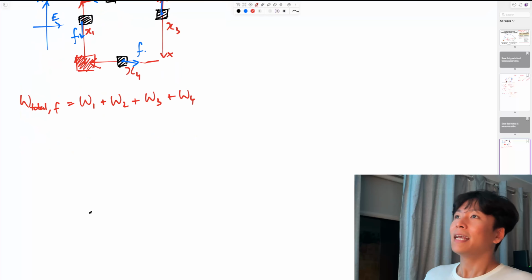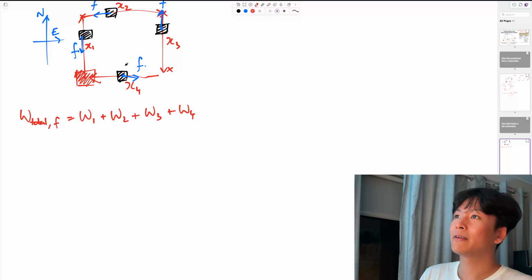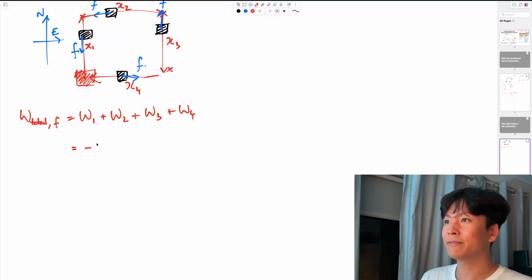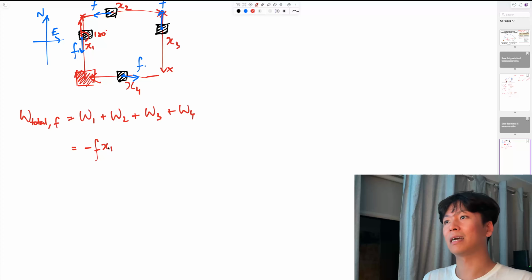Okay, so what is the work done by friction on the first leg of the journey? Well, that's just going to equal negative F times x1, because displacement is going forward, and friction is going backwards, so the angle between them is 180 degrees. Cos of 180 is -1. That's why I have negative F friction times x1.